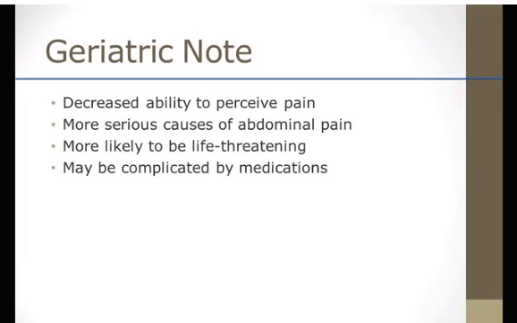So we want to consider that they may have a more serious cause for abdominal pain simply because they're older. They're more at risk for things not working correctly, and also they can't feel when it hurts as much. So they have more higher risk. That's good English, isn't it? More higher risk for life-threatening injuries.